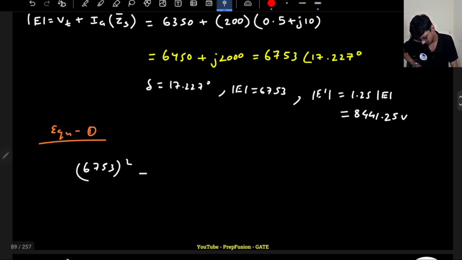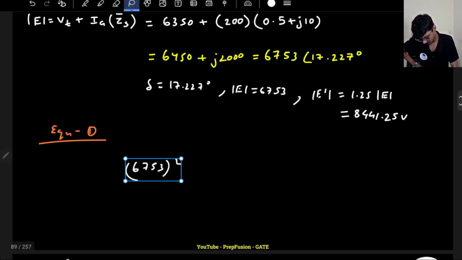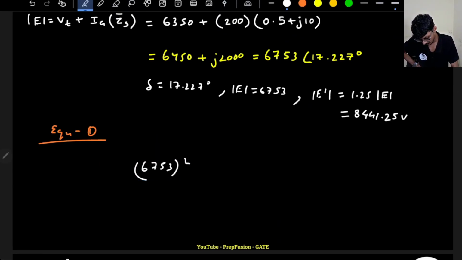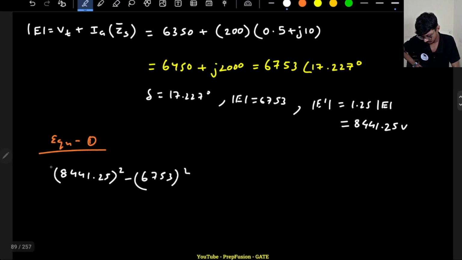So this will be 8441.25 whole square into cos of theta s.